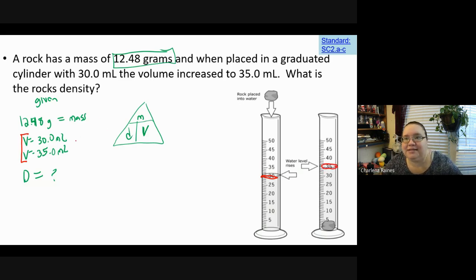So what that means is the volume of the rock equals 35, what it ended up being, minus 30. So I use 5 milliliters as my volume. 12.48 grams divided by 5.0 milliliters.